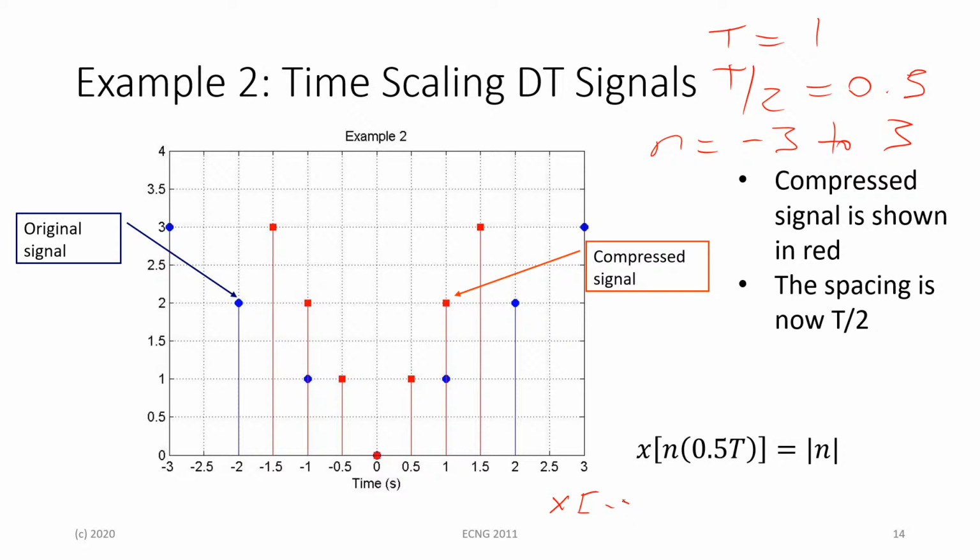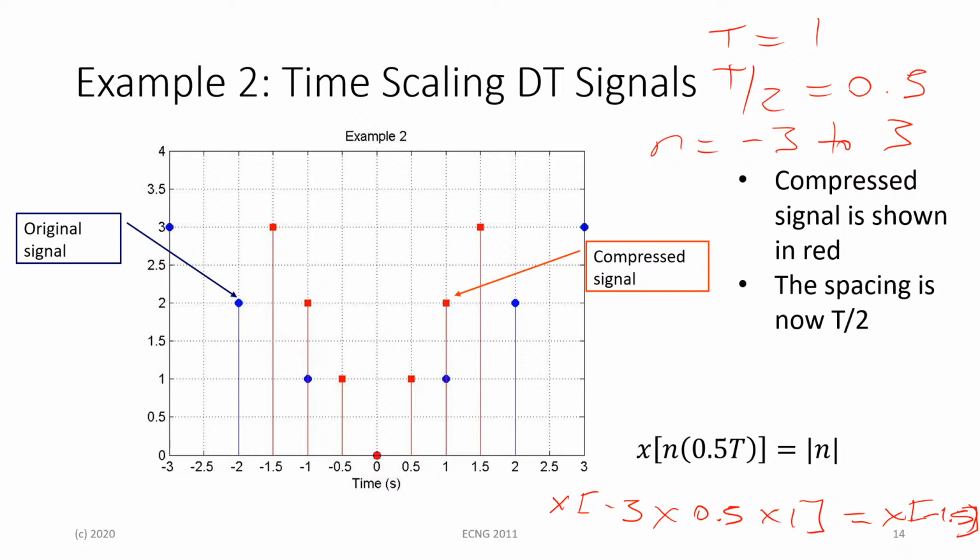So we have x of -3 multiplied by 0.5 multiplied by 1. And this entire thing here is going to resolve into x of -1.5.